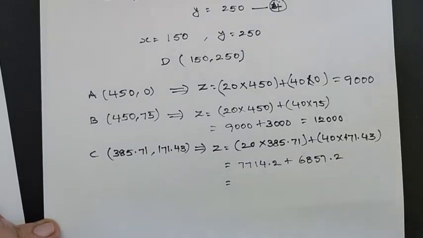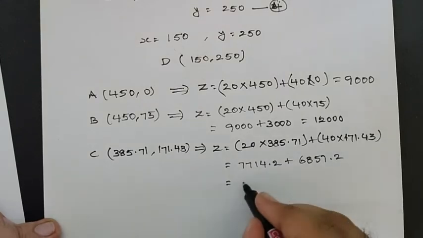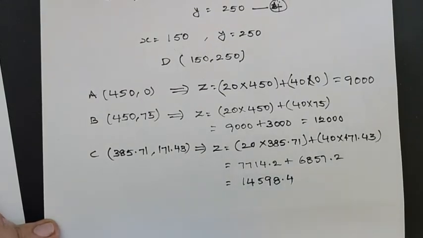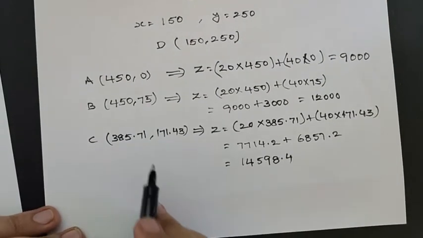Then the total is 7714.2 plus 6857.2. So it is equals to 14,571.4.